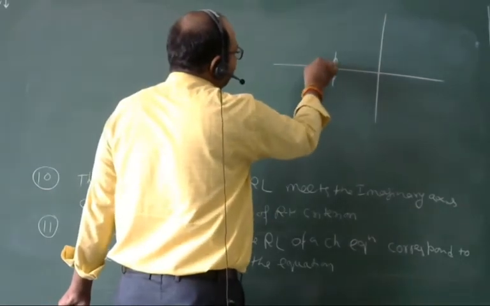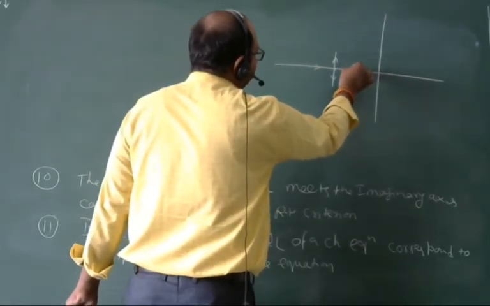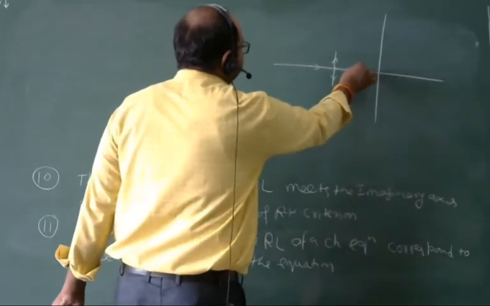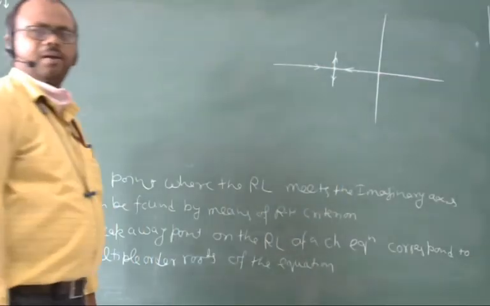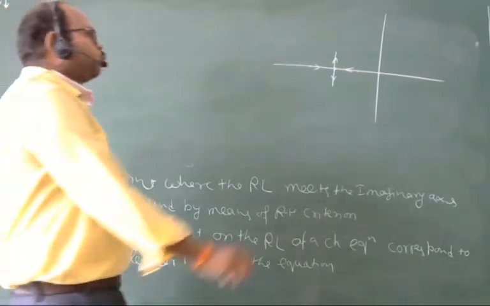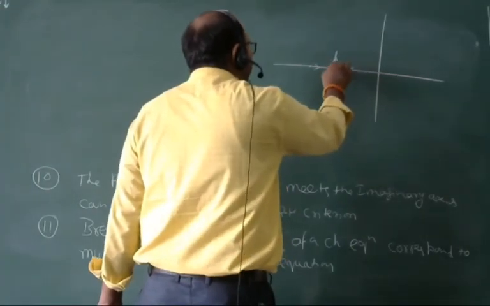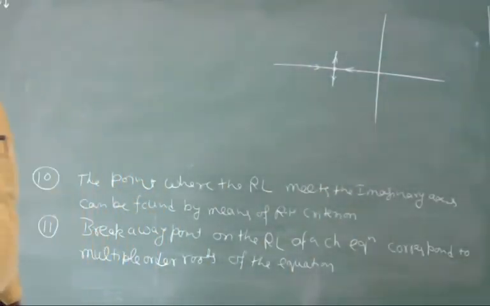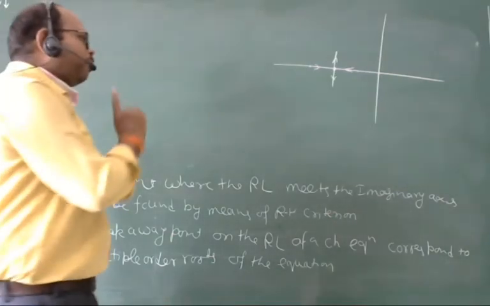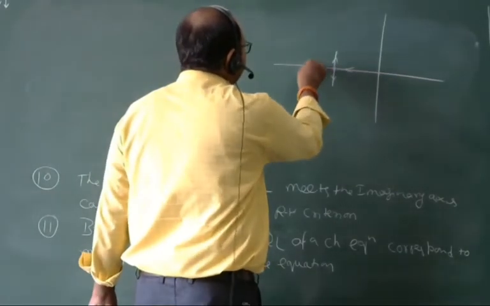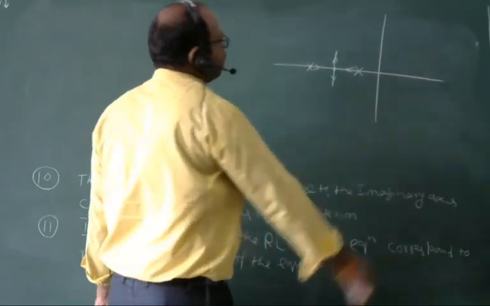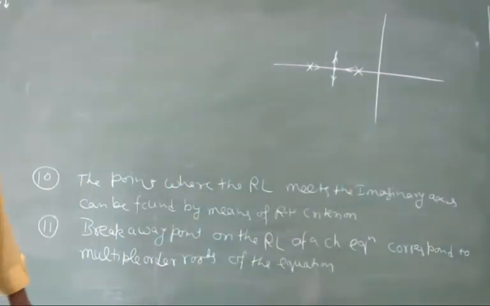One branch is coming from here and one from here, and these two branches break here and move away from this point. This is called the breakaway point, and the breakaway point will always lie in between poles.